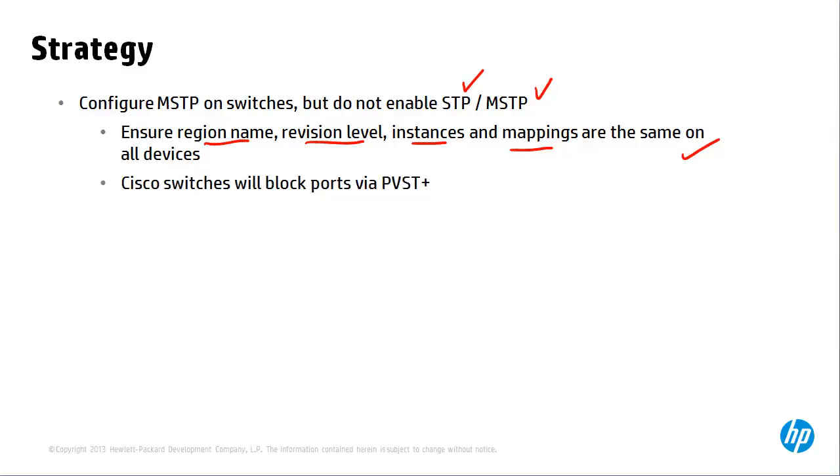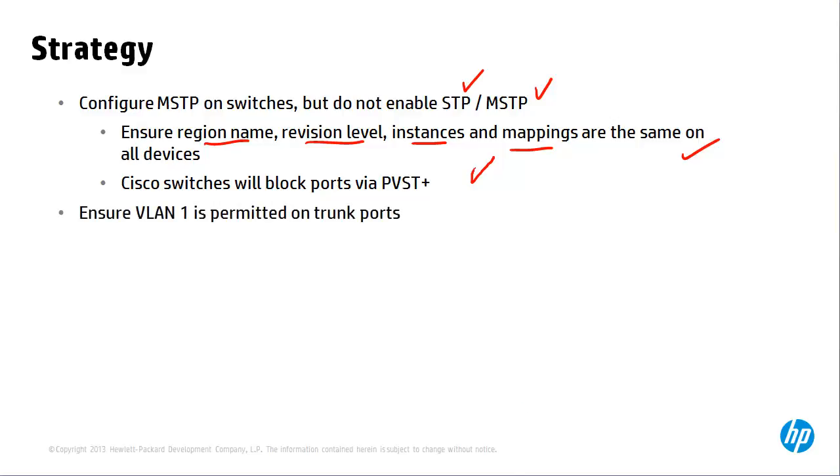At the moment, the switches are using the defaults with regards to spanning tree. In other words, the HP switches are not running spanning tree and the Cisco switches are running PVST. They will block ports via PVST. But that's going to change once we enable multiple spanning tree on all the devices.